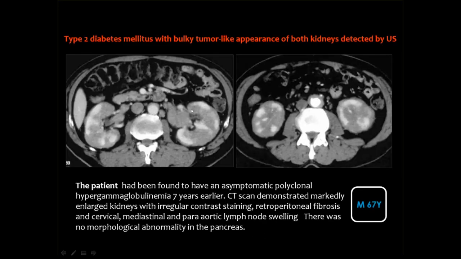Another appearance, and you see patchy areas within the renal parenchyma, and this is also one of the manifestations I will mention after a few minutes, which is periaortitis. And this is also an IgG4 related disease where you have an enhancing soft tissue lesion around the aorta, which is totally different from retroperitoneal fibrosis.